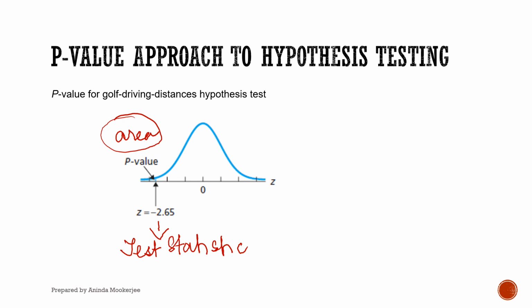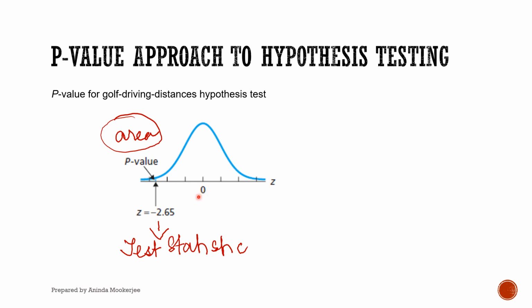So the p-value tells us the probability of getting a test statistic of this measure given that the null hypothesis is true. That means the true null hypothesis will be located at the center of the curve.